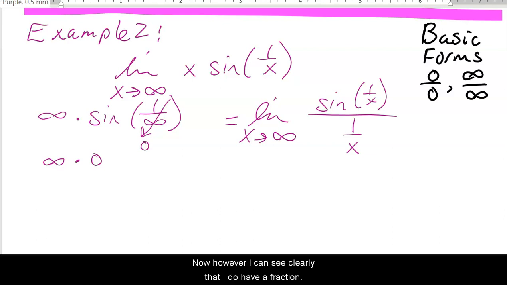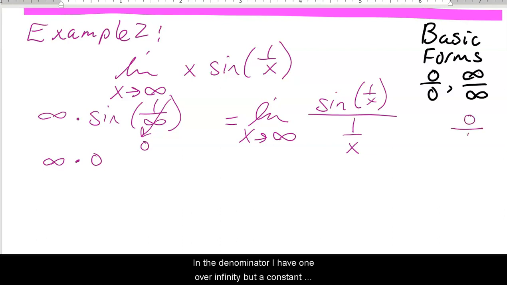Now, however, I can see clearly that I do have a fraction. Now I'm going to plug in again to see whether or not this time I get one of the two basic forms. The sine of 1 over x, when I plug in infinity for x, is again going to become 0.